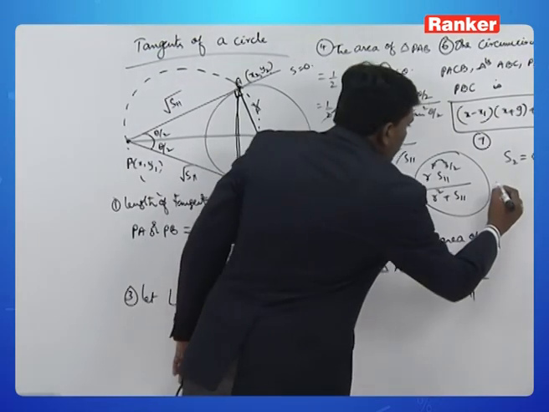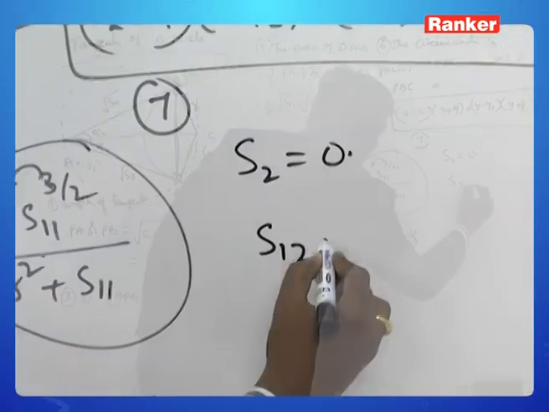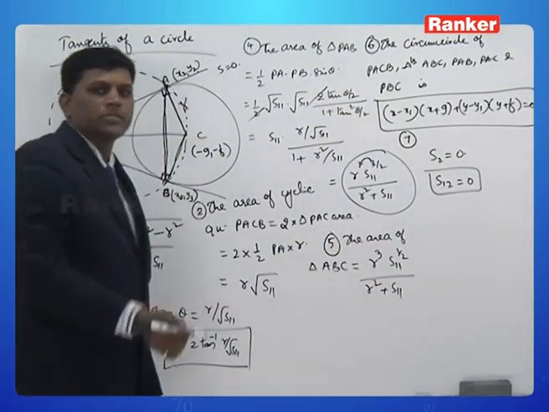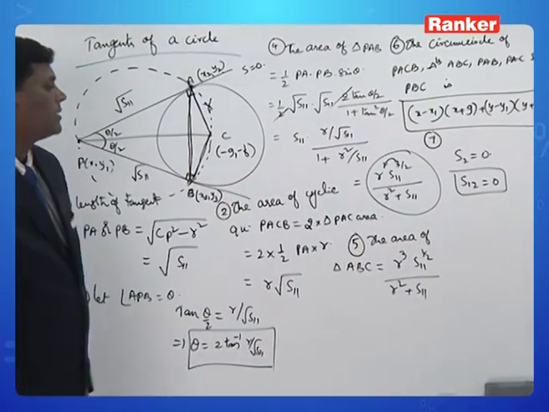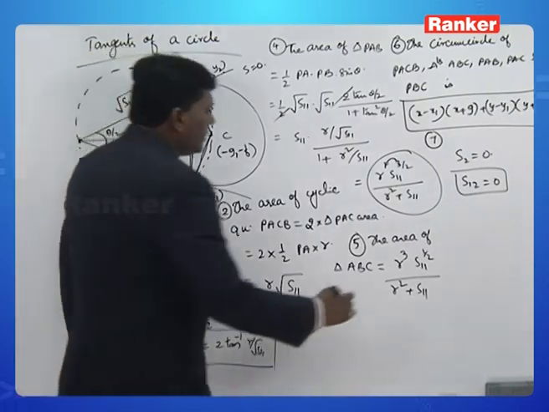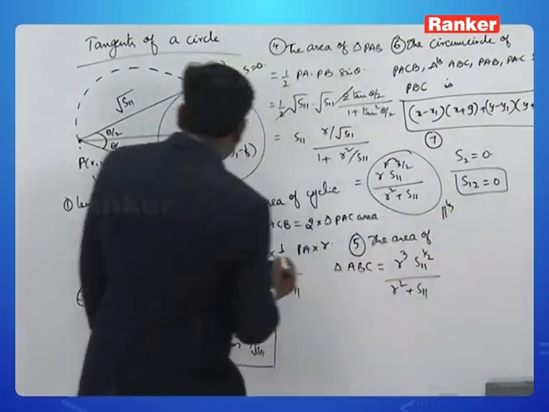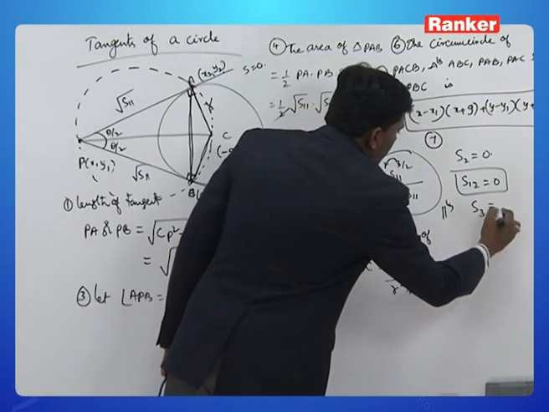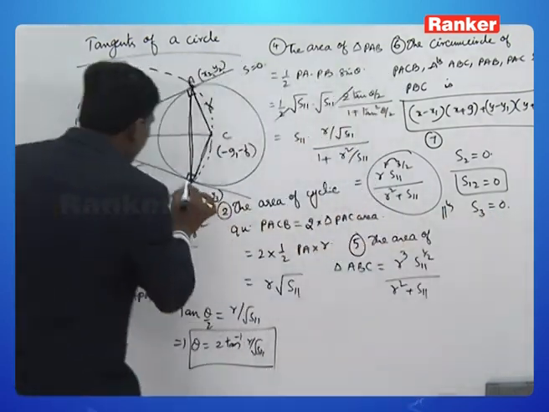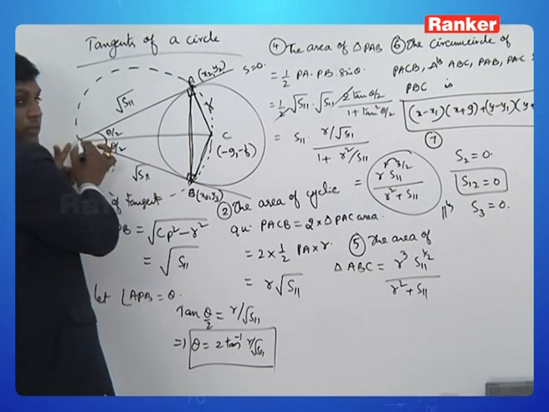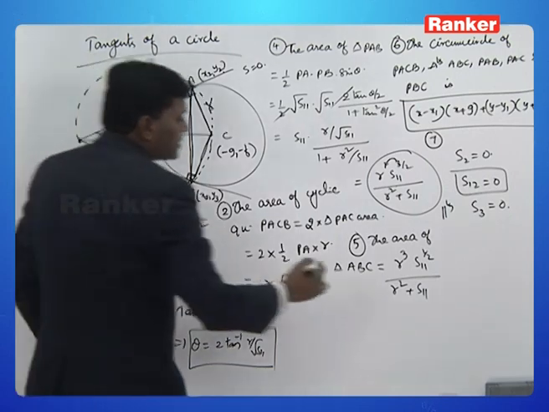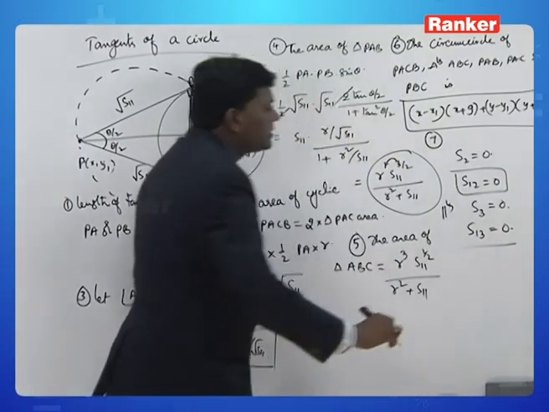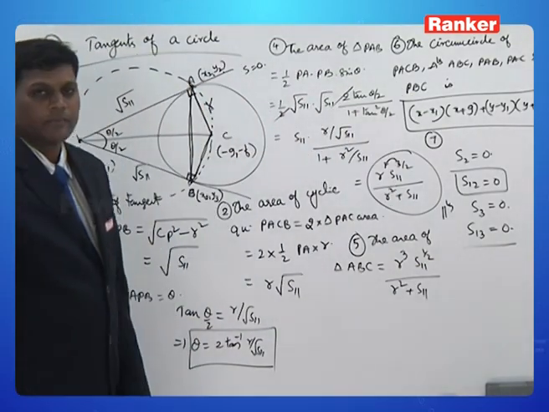Substituting, you are getting S12 equals 0. S12 or S21, that is our choice. Both are equal. In a very similar way, the tangent at x3, y3 is S3 equals 0. And clearly this line is passing through the point x1 comma y1, and hence it will satisfy that equation. So S13 also you are getting 0.